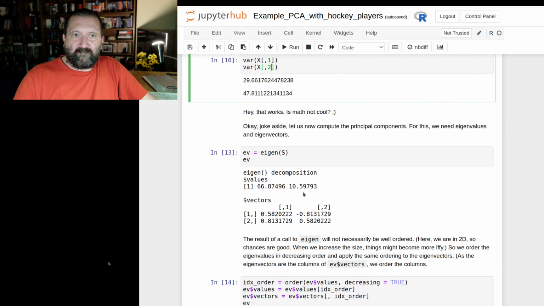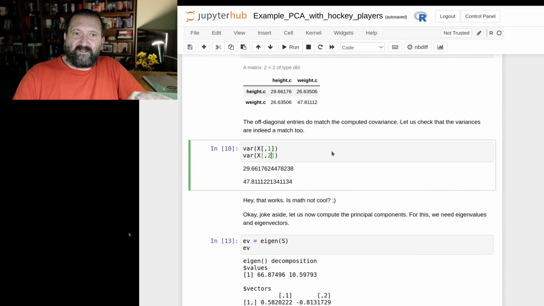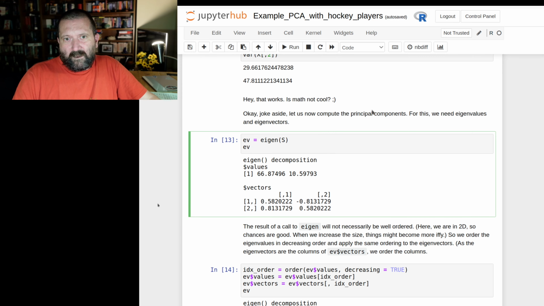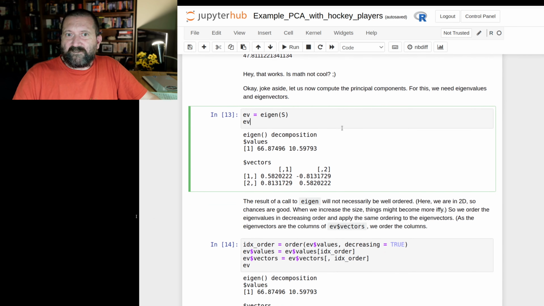Now, let's look at the second step. If you remember, for the PCA, what we have to do now is look at this covariance matrix and compute its eigenvalue decomposition. So we need the eigenvalues and eigenvectors, and then we're going to take the square roots of the eigenvalues.